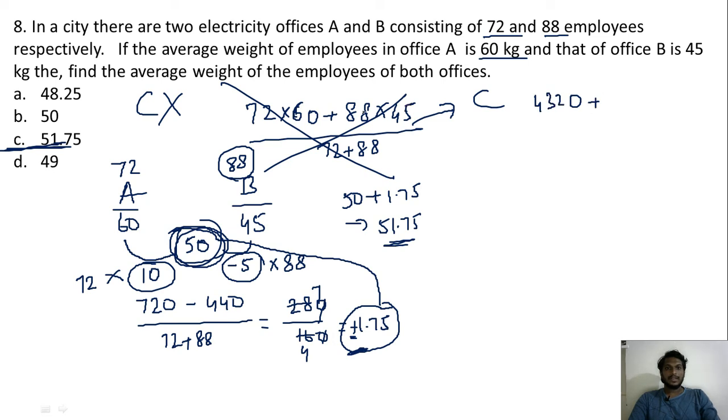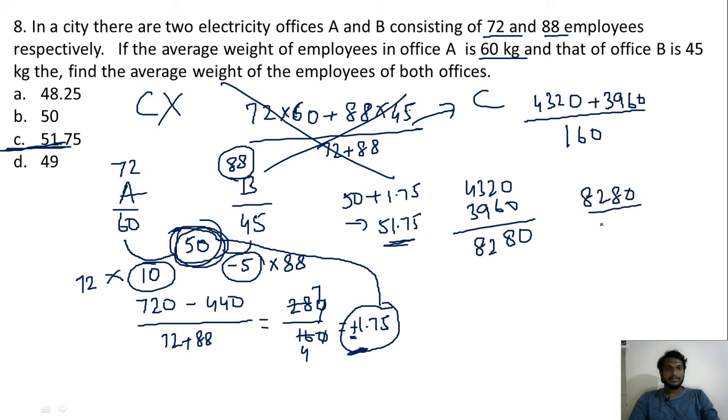See, 45 into 88, you can write it as 44 into 90 and 360 into 11, that is 3960, divided by 72 plus 88, that is 160. Now add 4320 and 3960. You get 8280.